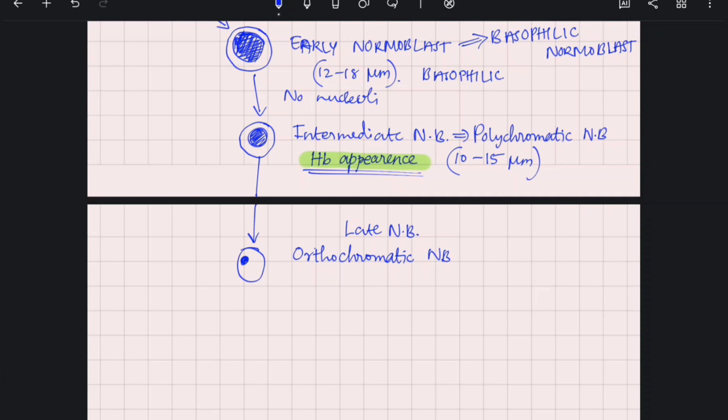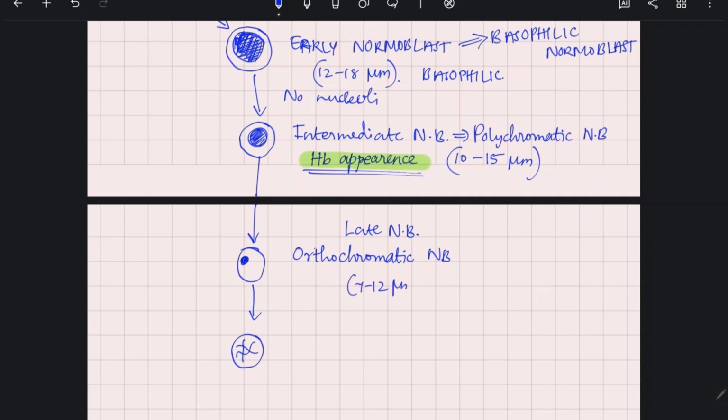And the cytoplasm is rich in hemoglobin now. The hemoglobin is really high. So from this orthochromatic stage, we'll go to the next stage, and the cell obviously has become smaller, like 7 to 12 micrometers.